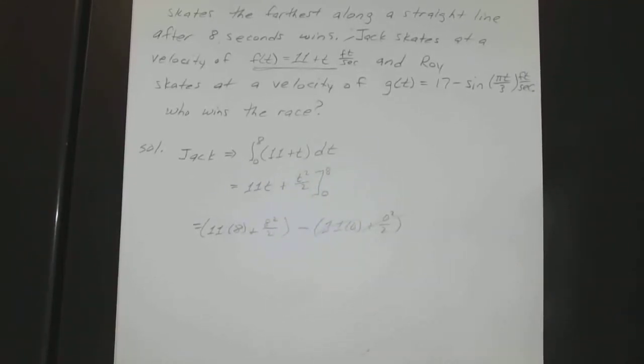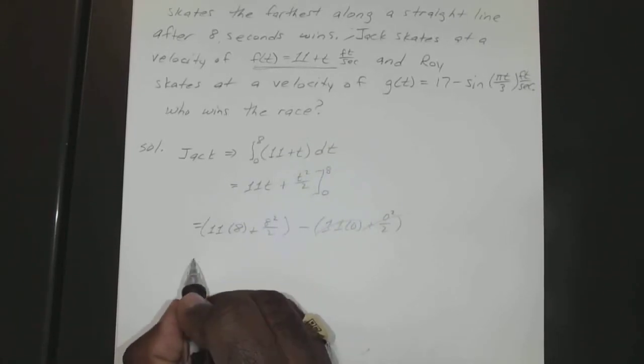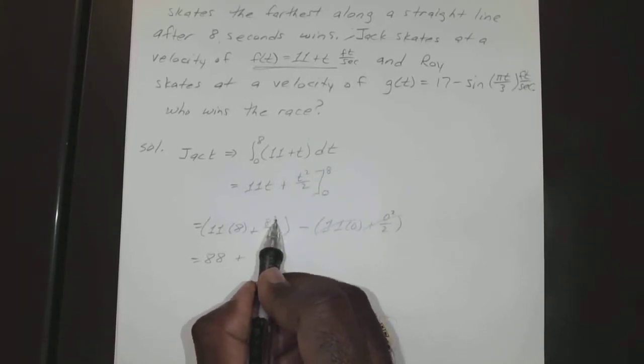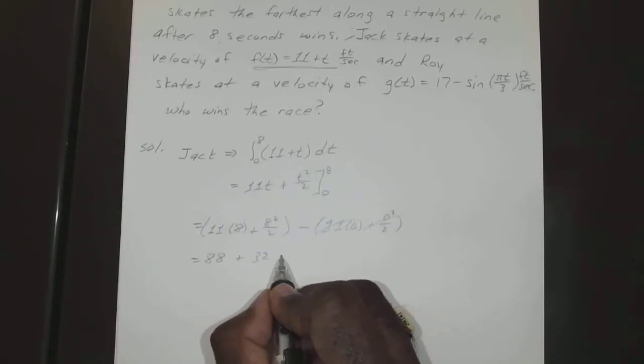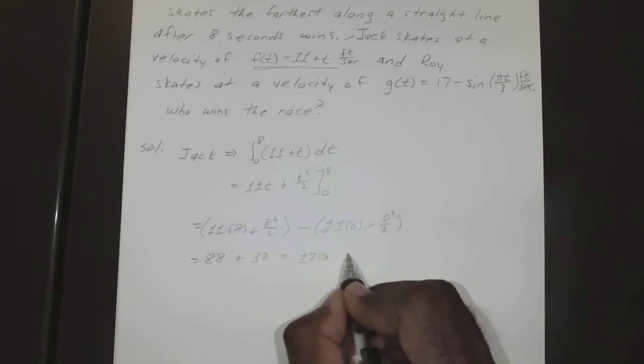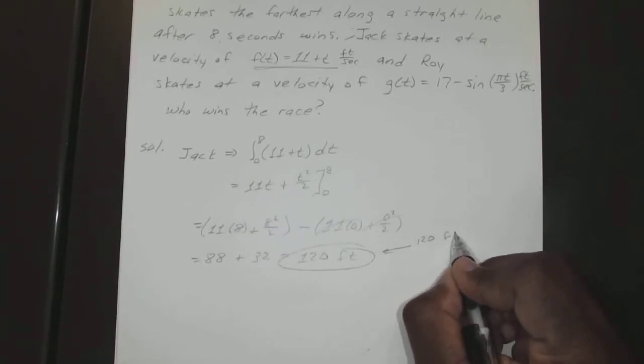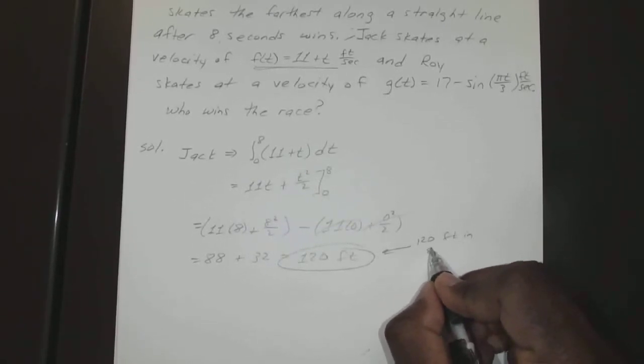That one just disappears since it's just 0 plus 0. So you have 88 plus 64 divided by 2, which is 32, which is 120 feet. Okay, so Jack went 120 feet in 8 seconds.